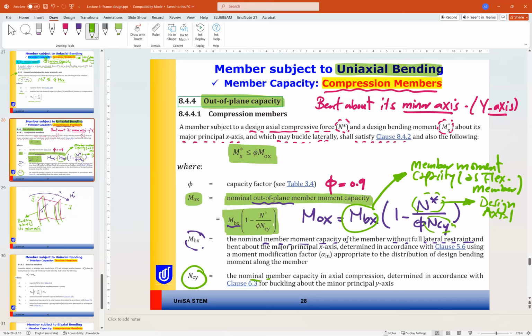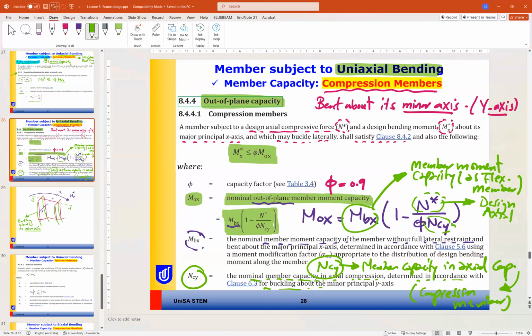Ncy here is the nominal member capacity in axial compression as a compression member, the compression member we did earlier in the course.